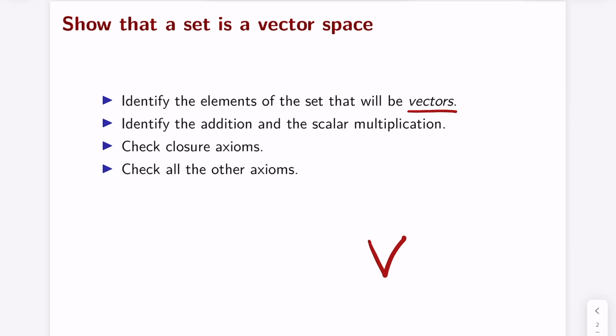Then, once we identify the elements in the set, we need to identify two operations, the addition of vectors, I mean the addition of elements, whatever these elements are in your particular set, and the scalar multiplication. Once you identify the two operations in this particular set, then you have to check the two closure axioms that we saw at the beginning, and then check all the other 8 axioms.